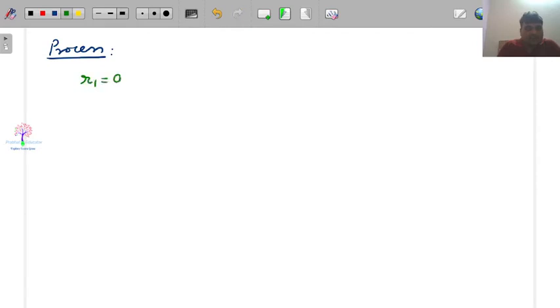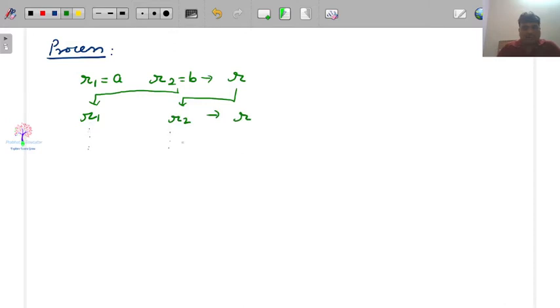So the process is like that. Let R1 is equal to A, R2 is equal to B, and the remainder of A divided by B is R. So in the next step, this will become R1 and whatever remainder comes becomes R2. Again we divide, again you get a remainder.